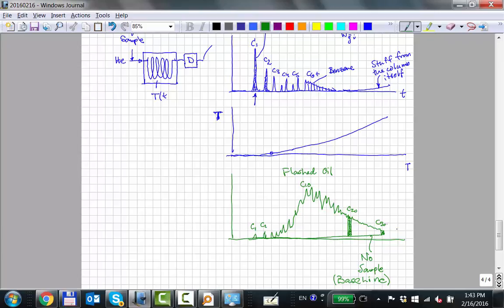The heavier the component, the less there is of it, but the bigger this baseline shift is changing. And then we stop. Let's just say we stop here. We have no idea how much of the C30 plus stuff, C31 plus, is there. We don't know, because we don't know the area. So it doesn't help us knowing only the area up to C30.